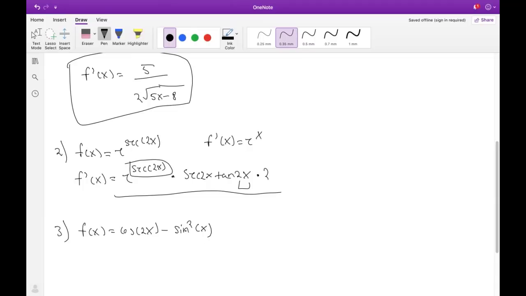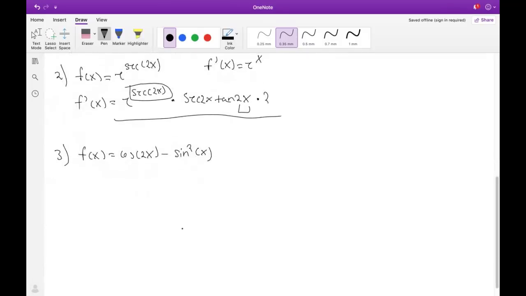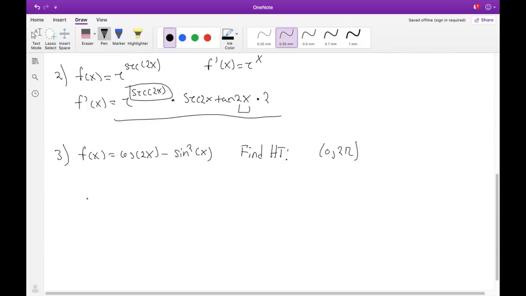If it asks you for the horizontal tangent, it just wants you to find where the derivative is equal to 0. So find horizontal tangent. And it'll give you a boundary from 0 to 2 pi most of the time for trigs, so that you don't have just repeats of values.